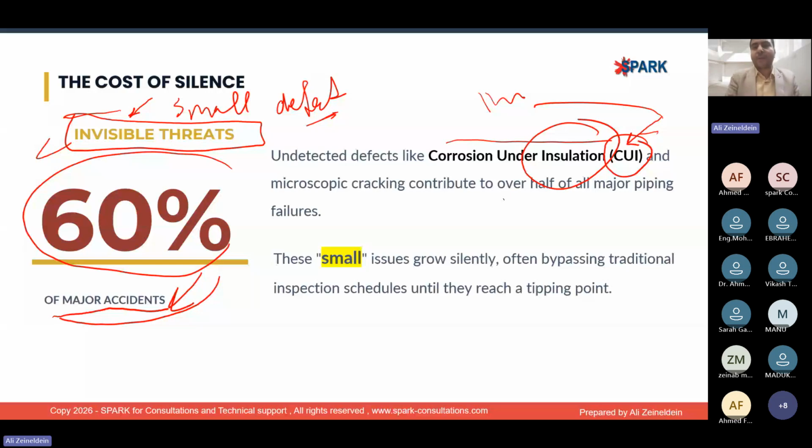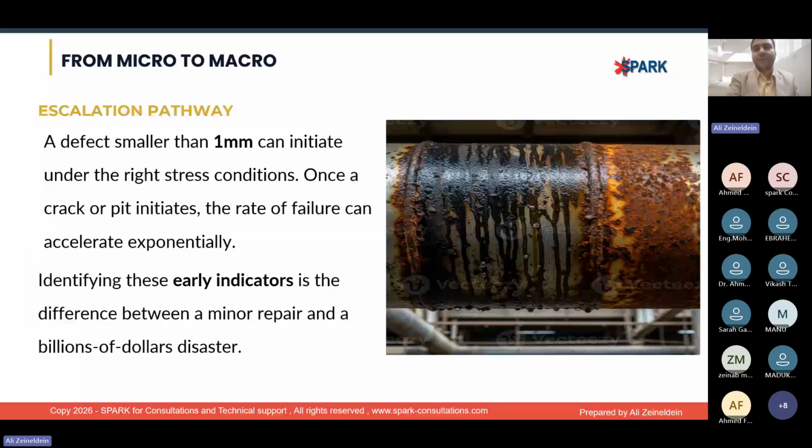Another example we can see in this photo is external corrosion. This is shallow external corrosion, but if we focus deeply, we can see some pitting under the external corrosion.